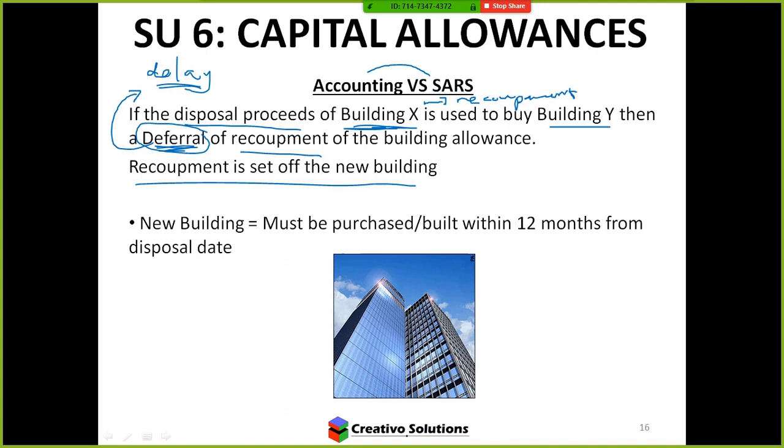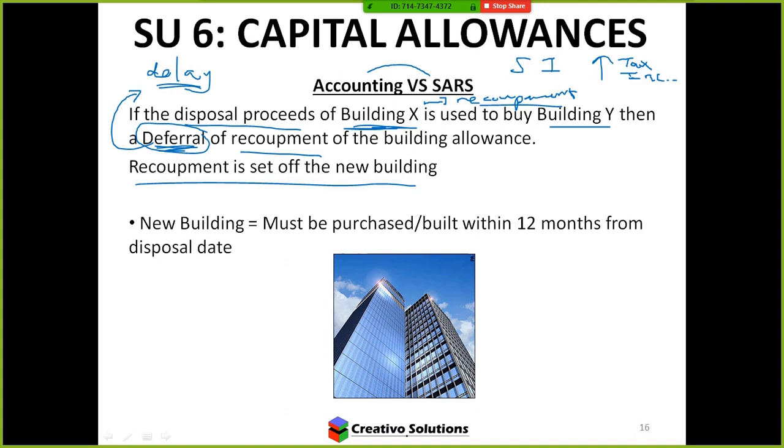That's just something that SARS can help with, in terms of not making it more onerous on the business in terms of operating and meeting its obligations. Because what does a recoupment do? A recoupment is a special inclusion that's going to increase the taxable income. So in other words, if you have a recoupment, you're actually going to end up paying more taxes instead of less taxes.